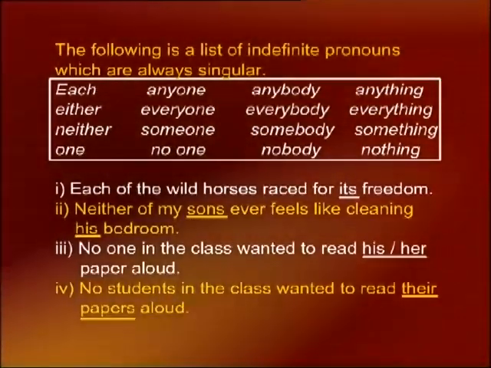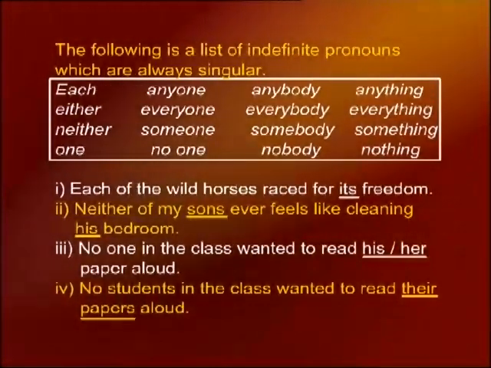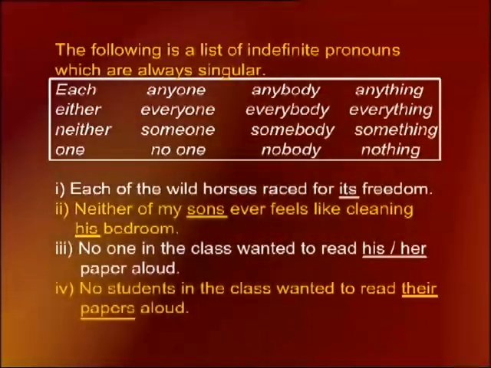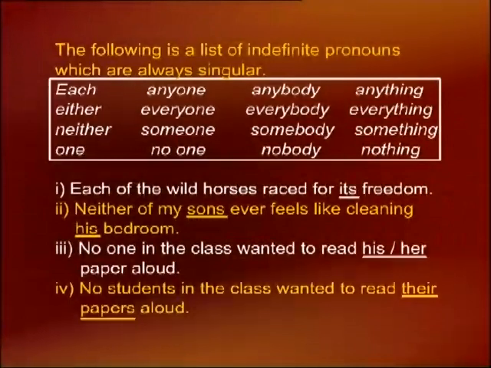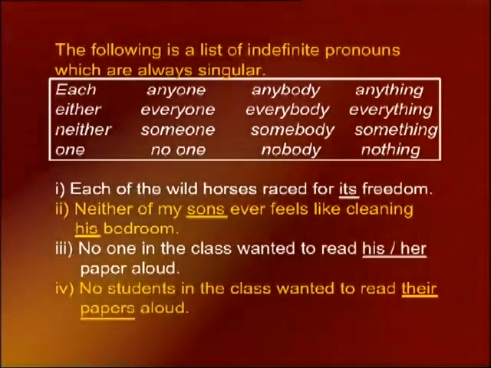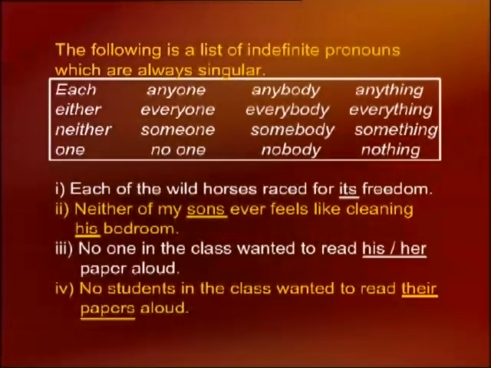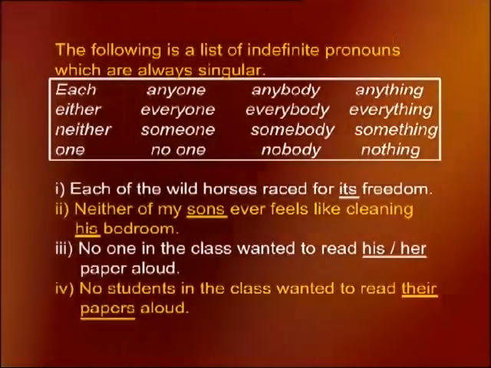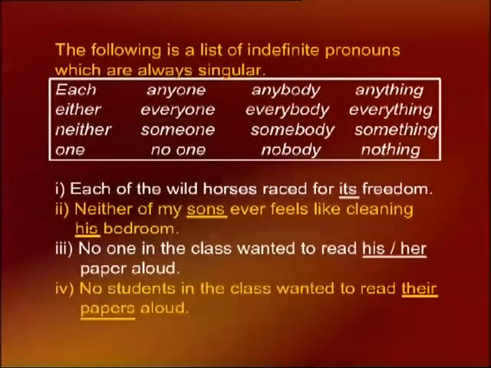These are indefinite pronouns, and these, remember, are always singular. Whenever you find these pronouns, you must know that they are singular. Example, look at the way these indefinite pronouns are used. Each of the wild horses raced for its freedom.